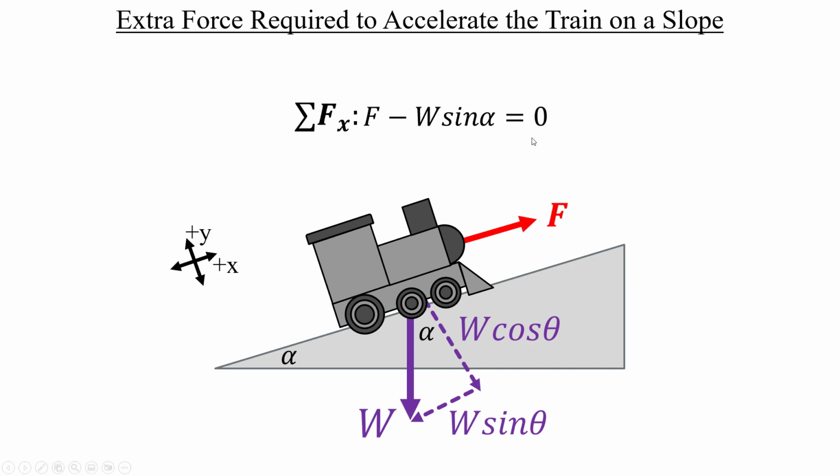How can the right-hand side be 0 if the train is accelerating? Well, the train is climbing this hill at a constant speed, at 27 meters per second. So, while the speed of the train isn't changing, the direction will as it climbs this slope.